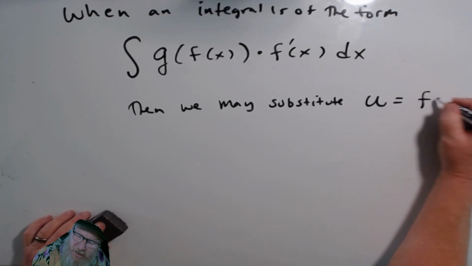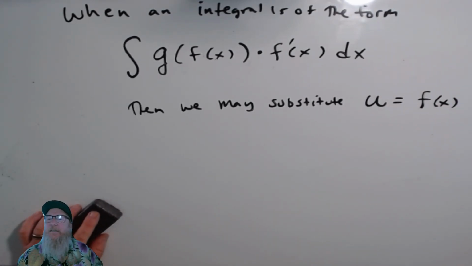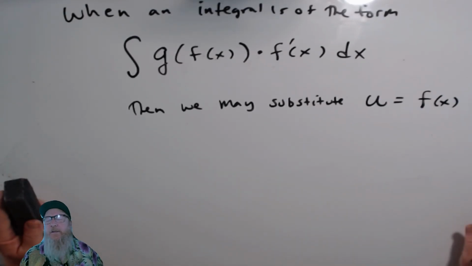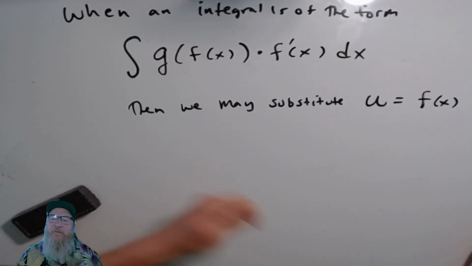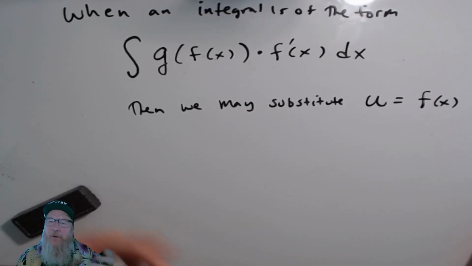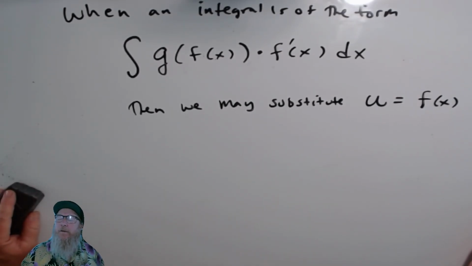We say u is f of x. This is sometimes called U substitution, although you don't always have to use U. Sometimes people will use V or W or some other letter besides X. But U is the most common.